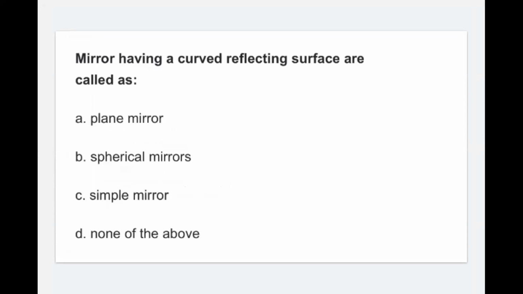We will now see a multiple choice question pertaining to the topic that we studied today. Mirrors having curved reflecting surface are called spherical mirrors. Option number 2 is going to be the correct option.